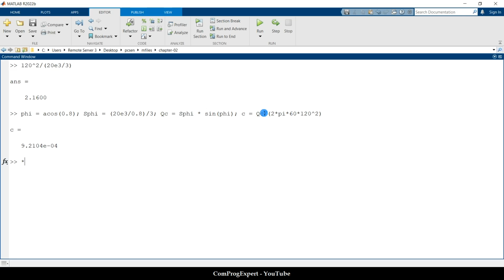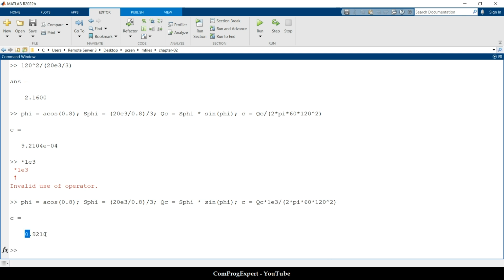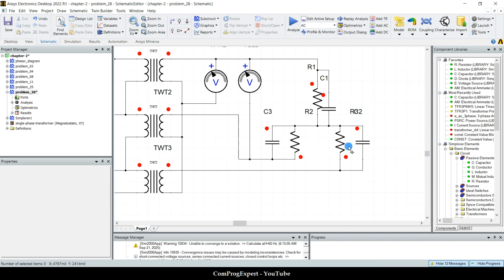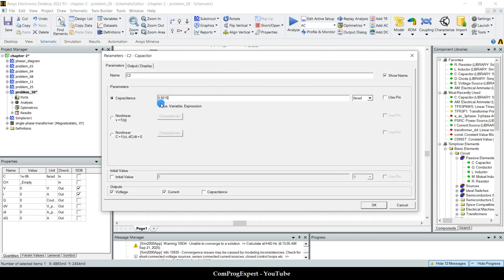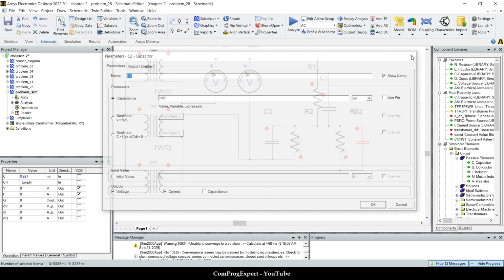And if I multiply this by 1E3, we can calculate it in millifarads. So let's copy this. This is millifarad. You can check the unit here.